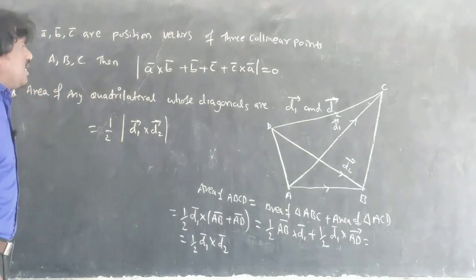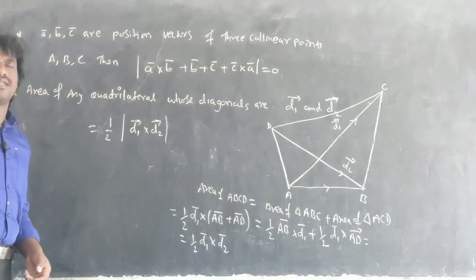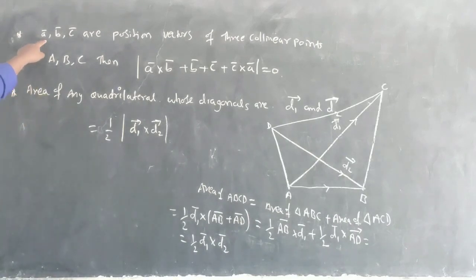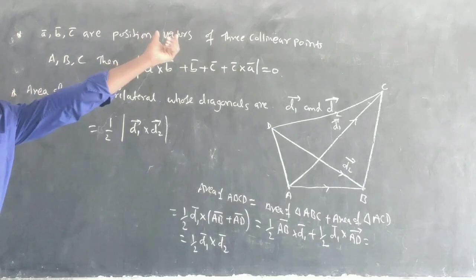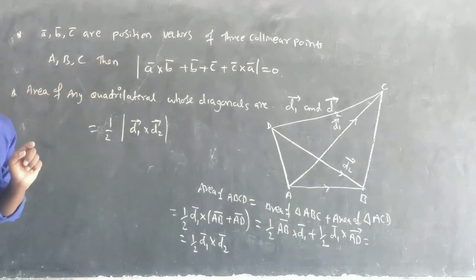Now I explained about the area of a triangle when the position vectors are given, right? Now the thing is, A vector, B vector, C vector are the position vectors of 3 collinear points. In the previous question, I explained that 3 points are given in a triangle and you have to find the area of the triangle.